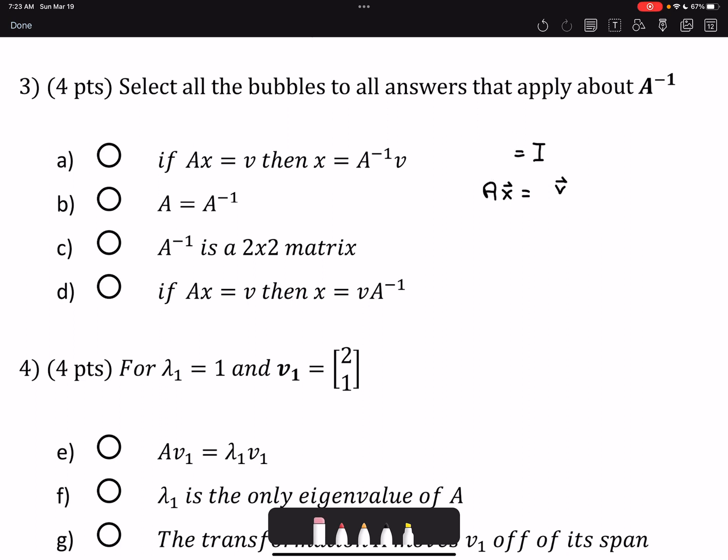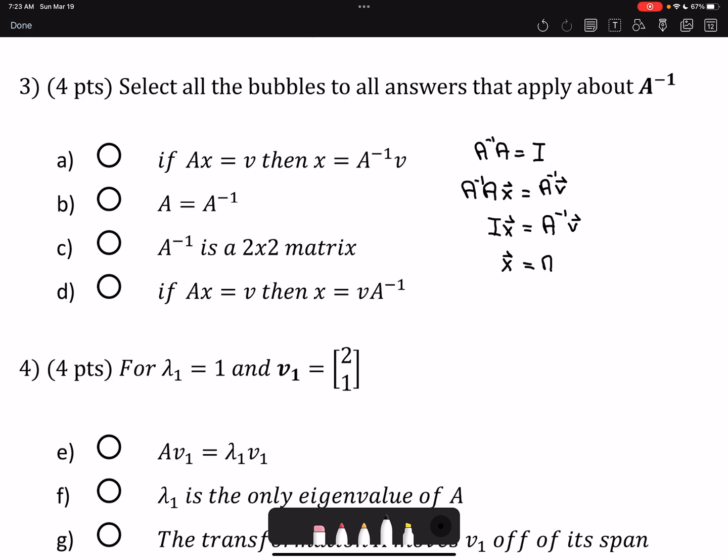I can write it like this, but I like to write the inverse matrix on this side. So if I write the inverse matrix here and here, then here I would get the identity matrix times X, and the inverse of A times V. Indeed, we don't have to write the identity matrix because it really doesn't alter our vector.